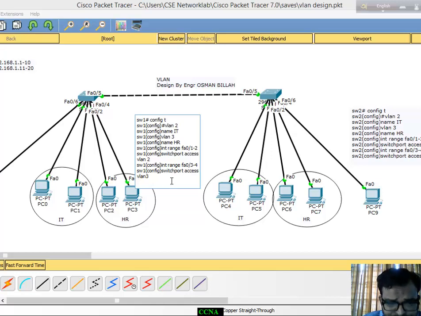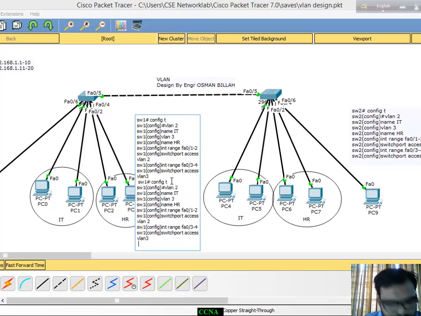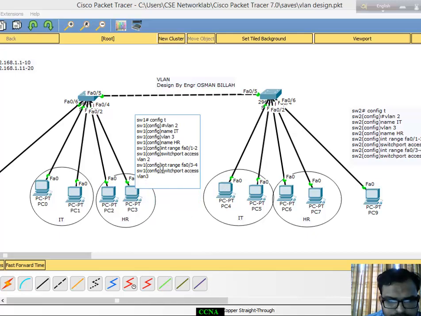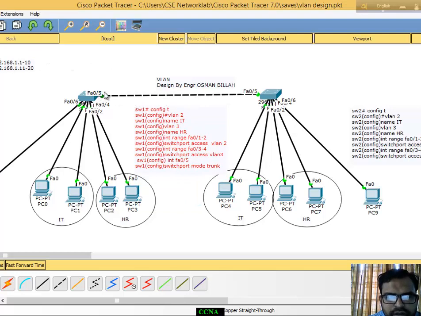I am in FA 0/5. Switchport mode trunk. Okay, this is the command for a trunking port.